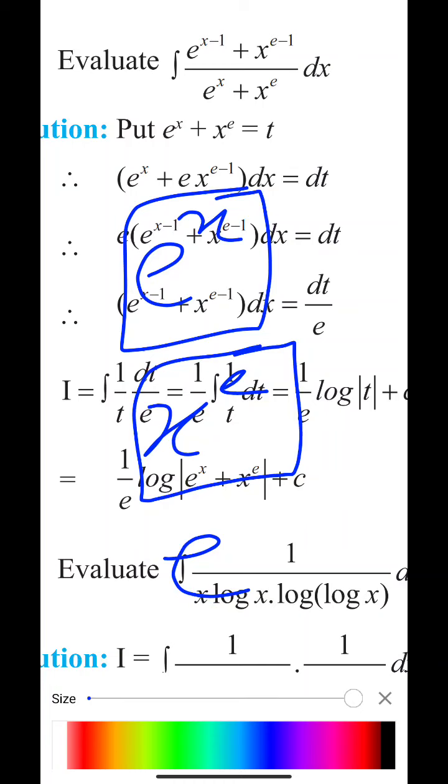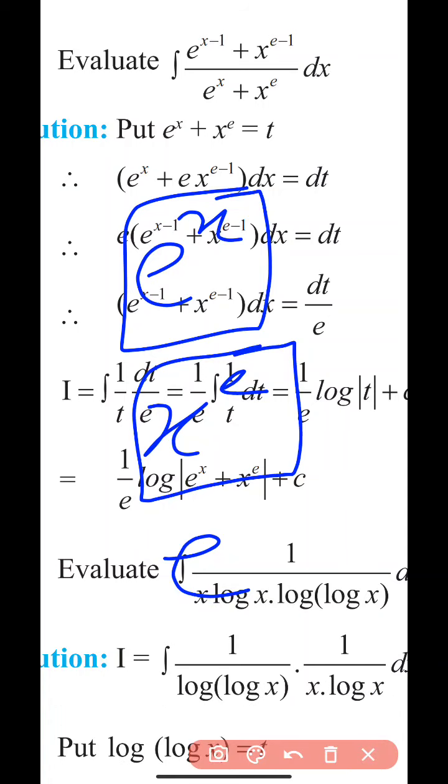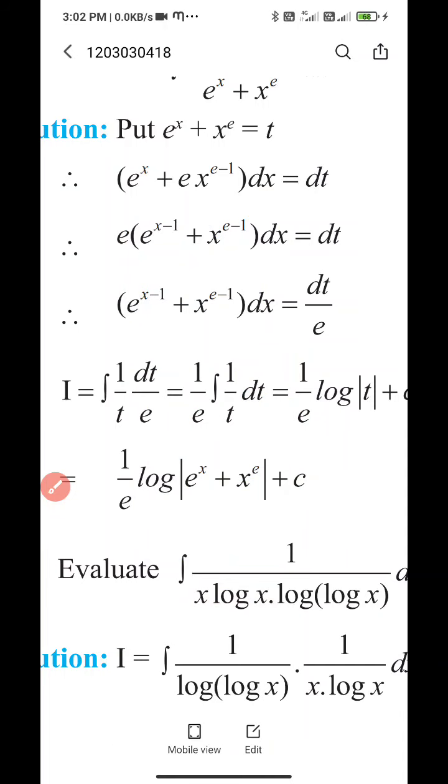So that is why I can take e common. That is why they have also taken e common here. It's because it's a constant function, so you can take out a constant.